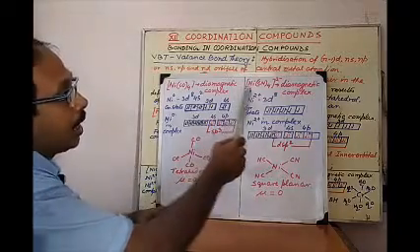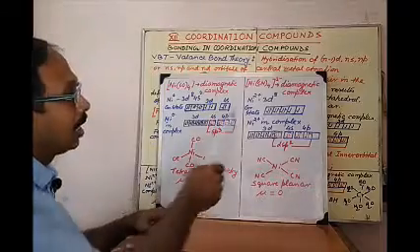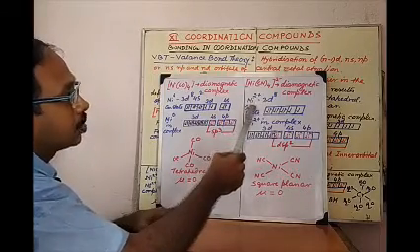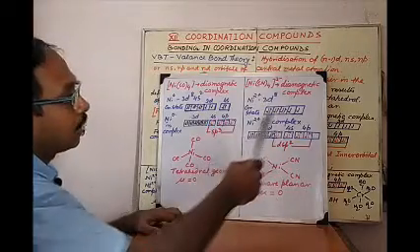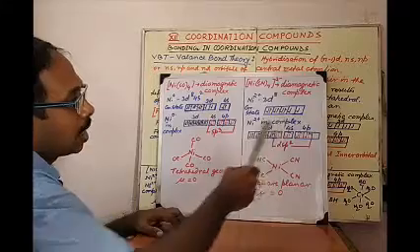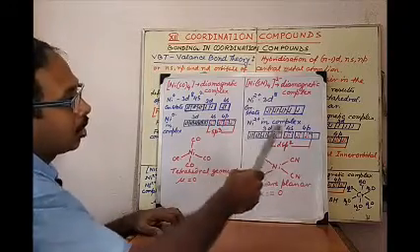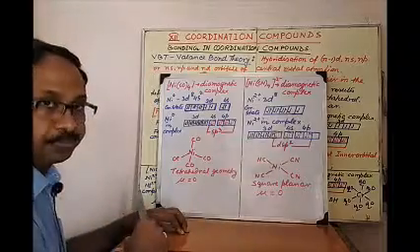Next, [Ni(CN)4]2-. Now in this complex, Ni is also 2+ in oxidation state, having ground state configuration 3d8. So we can find that there are 8 electrons in the ground state in the nickel 2+ ion. Now when nickel 2+ is in the complex, since it is a diamagnetic complex, these electrons are being paired up.